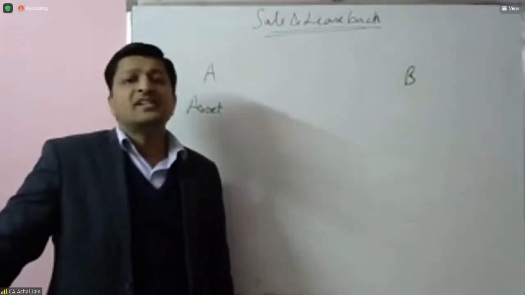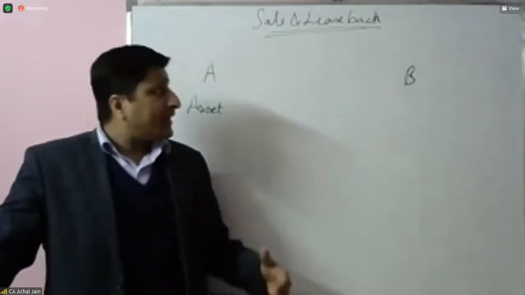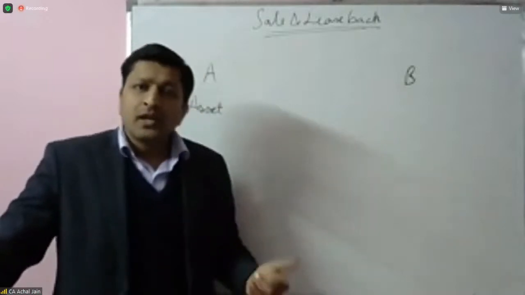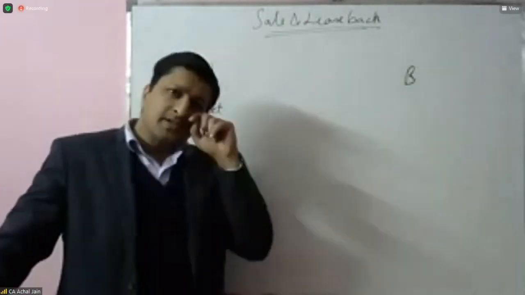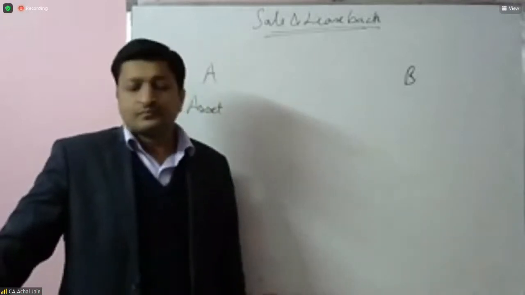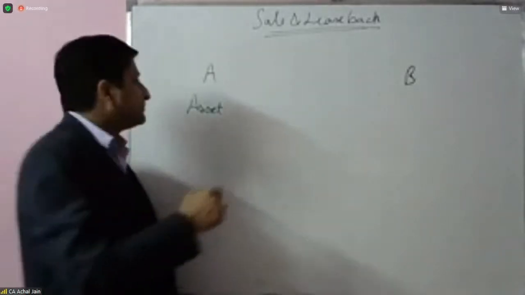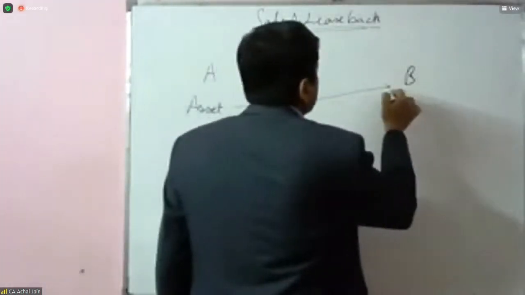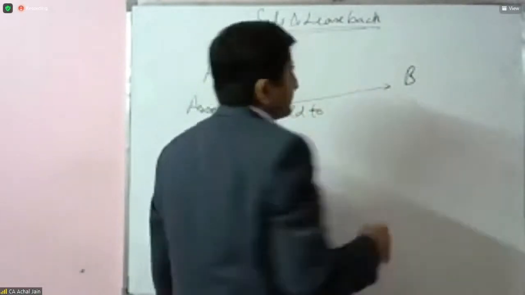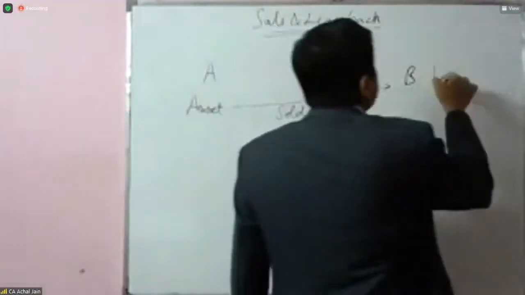Now A needs funds, so there are two ways. Either A can go to a bank or financial institution and get a loan. There is another way to get the funds. Let's understand how A can generate funds. A will sell this asset to B. Let's suppose this asset is sold to B for 10 lakhs.